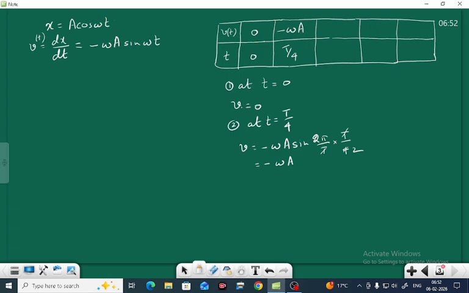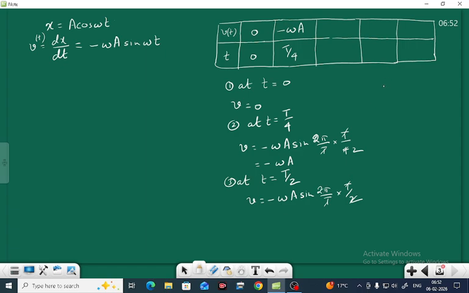Now you get the value at T by 2. Number 3 is at time t equal to T by 2. So we get the velocity here as minus omega A sine, omega means 2 pi by T into T by 2. So T should cancel, sine 180 degree.